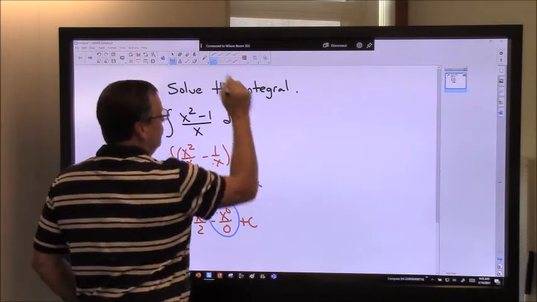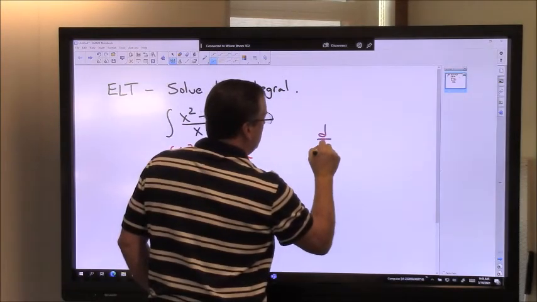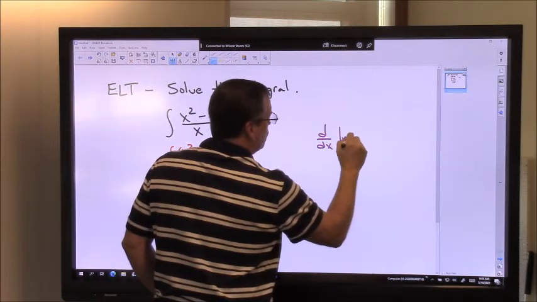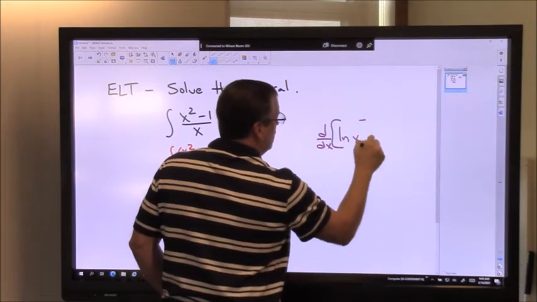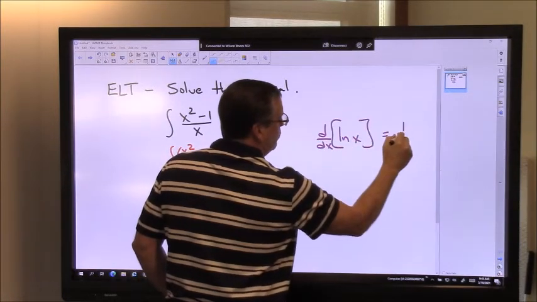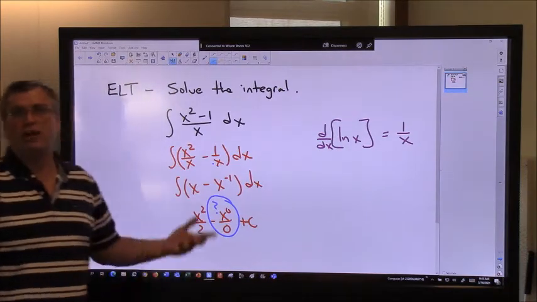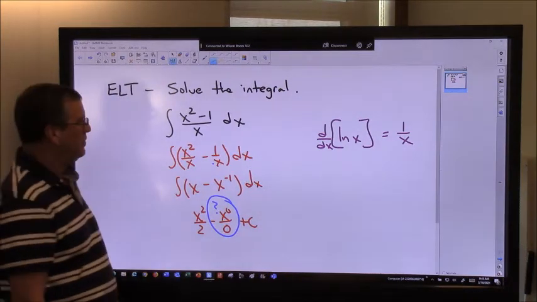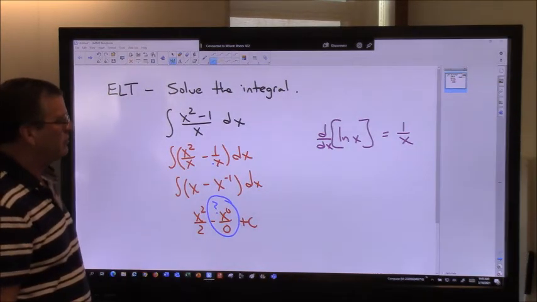If I just go over here off to the side, d dx of a natural log of x, well, that just equals 1 over x. U prime over u, right? That's one of our derivatives that we learned.